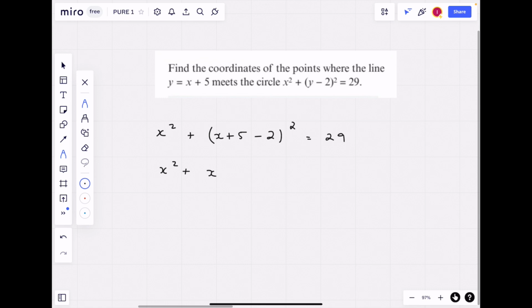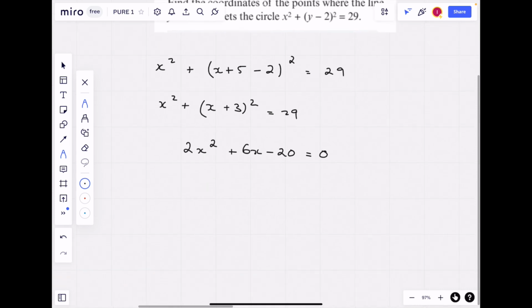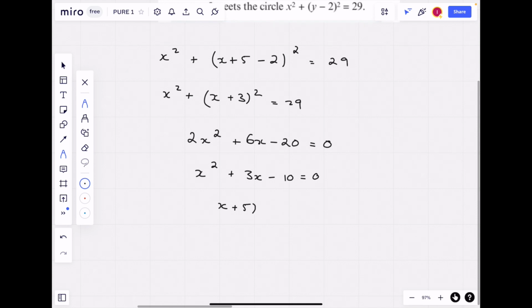When you expand and simplify, you get 2x squared plus 6x minus 20 equals 0. All of my terms are divisible by 2, so x squared plus 3x minus 10 equals 0. Now, when you put it into brackets, (x plus 5)(x minus 2), so x equals minus 5, x equals 2.